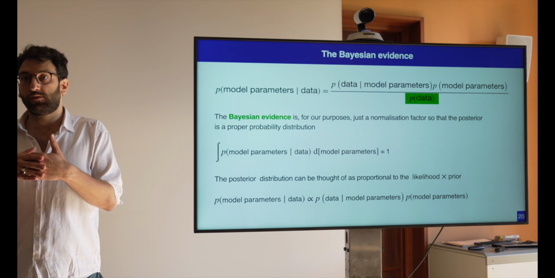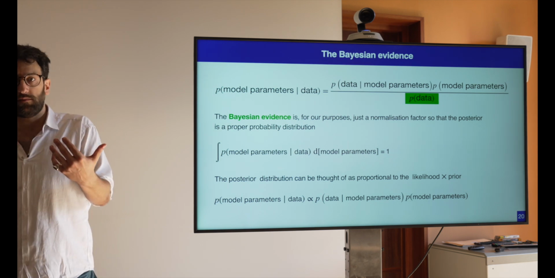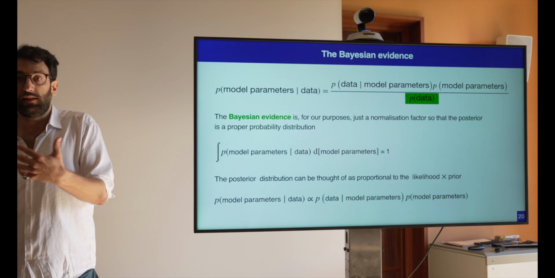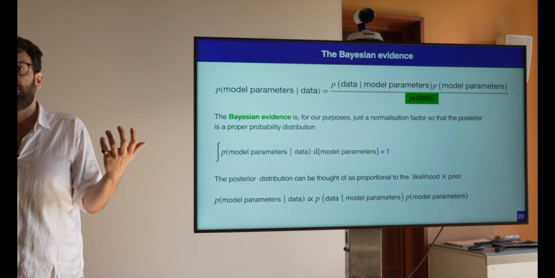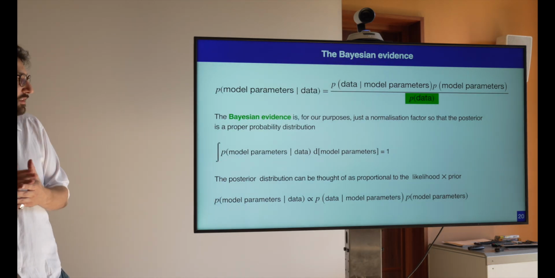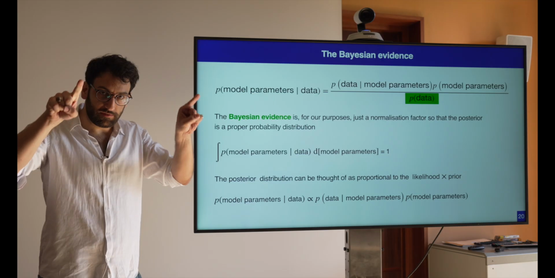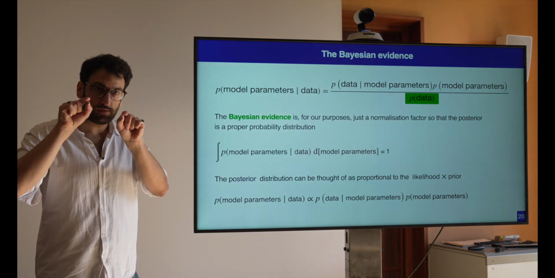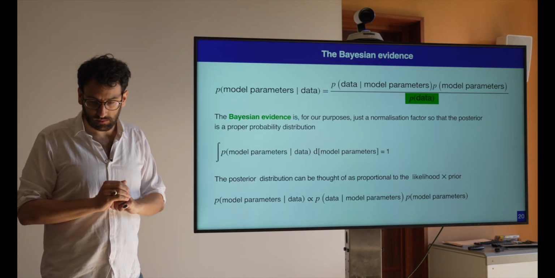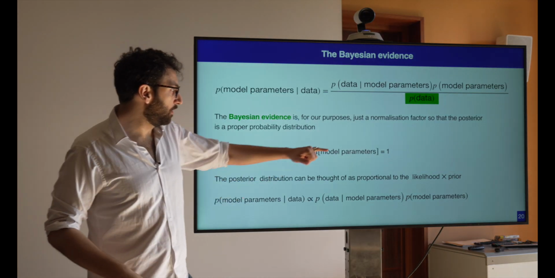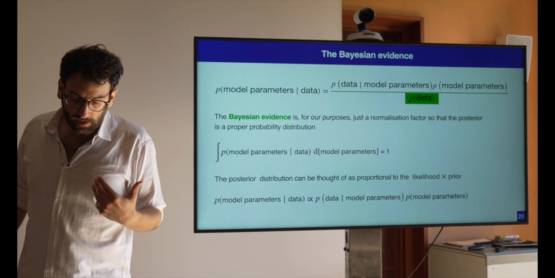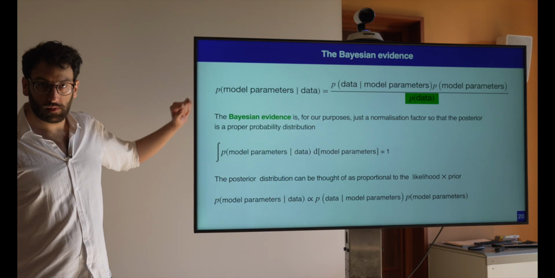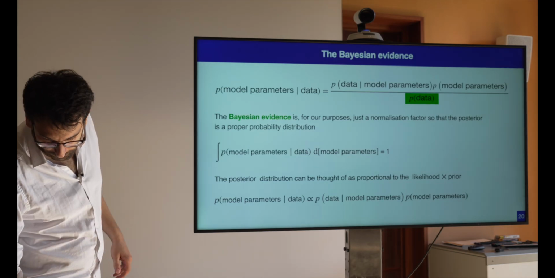It doesn't make sense to be more than 1 either. I couldn't even fathom what it would mean to have a sum of probabilities that is more than 1. Once you've defined all the alternatives, it has to be one of the alternatives with a certain probability. So this term in the posterior distribution, for now, we are just going to think about it as something that makes it a proper probability distribution.